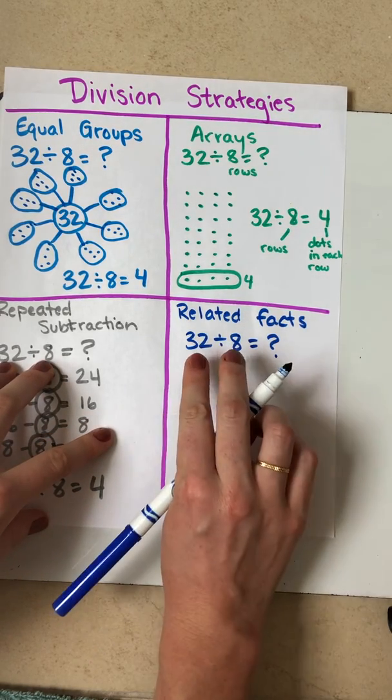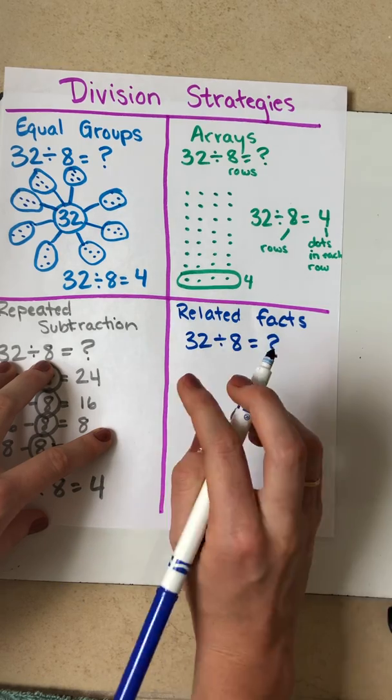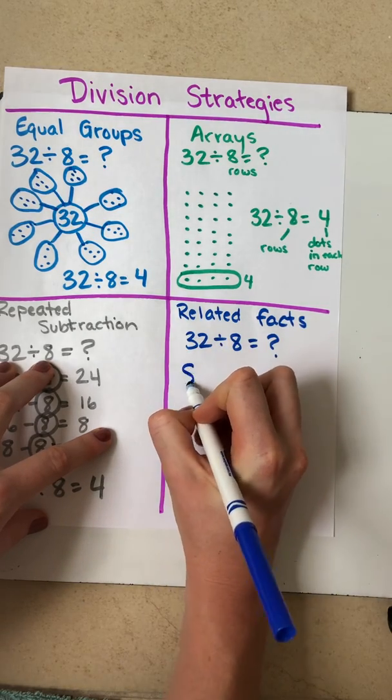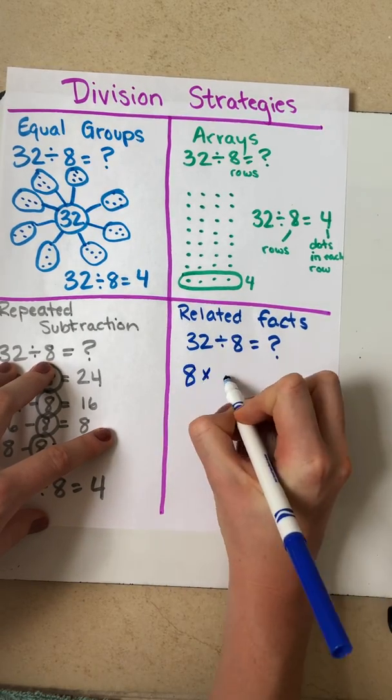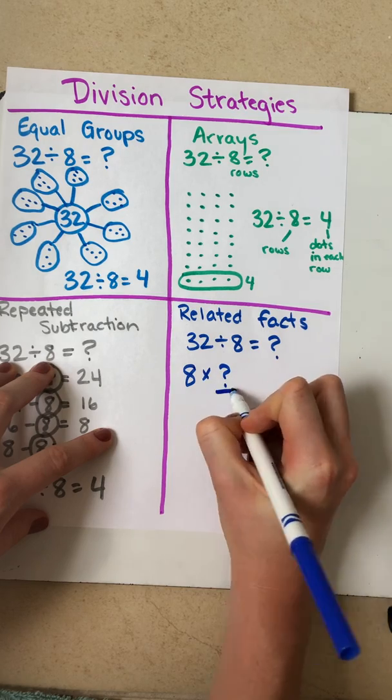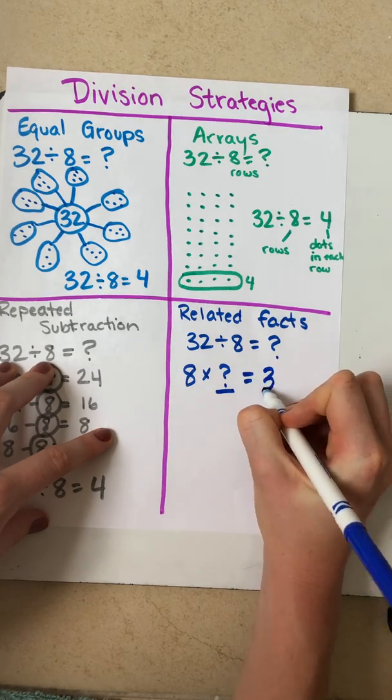So in this case, you are going to switch them and do 8 times question mark equals 32.